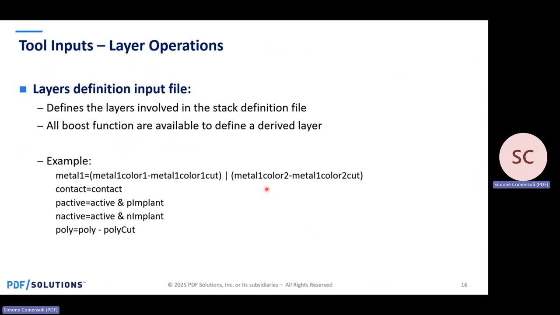So we define metal 1 as the union of two sub layers, metal 1 color 1 and metal 1 color 2, each subtracting its respective cut layer. So this level of control is crucial because what's electrically meaningful isn't always directly visible in the drawn layers, as said initially. And so we need to define these derivations.